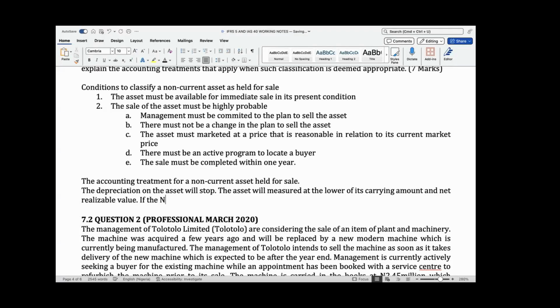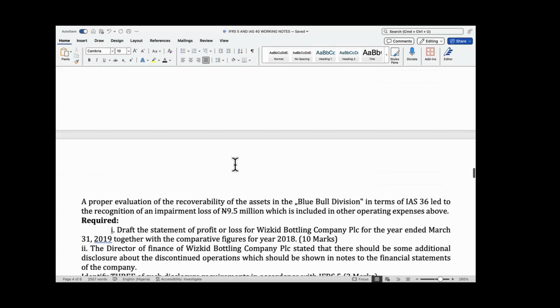And if the NRV is lower, an impairment loss will be recognized in profit or loss. Okay, this should be a revision for you.